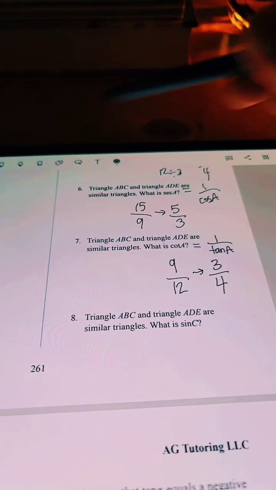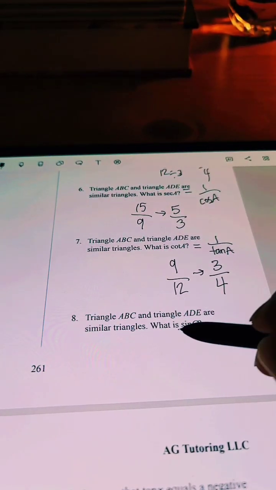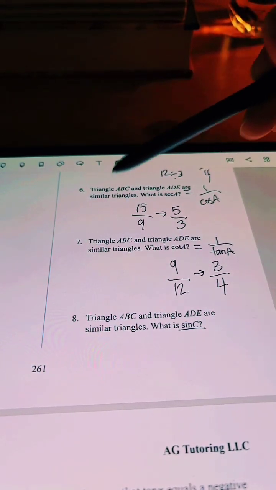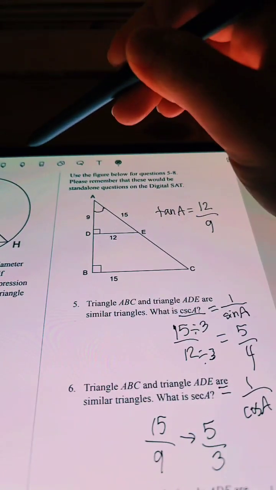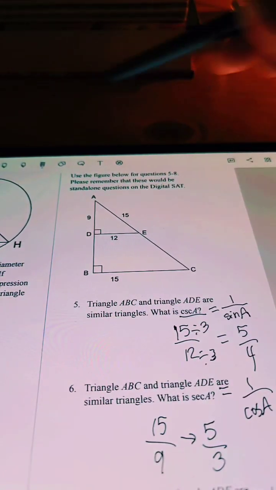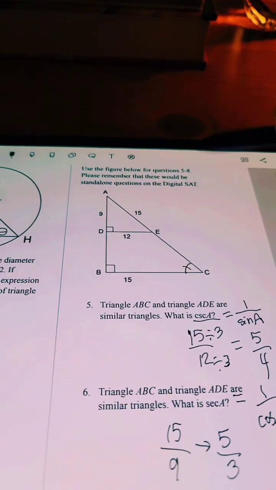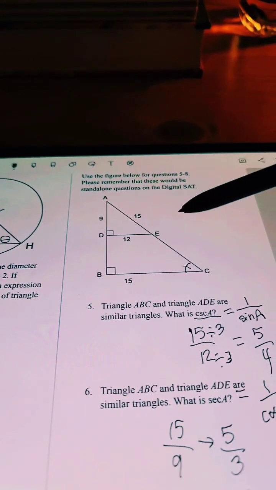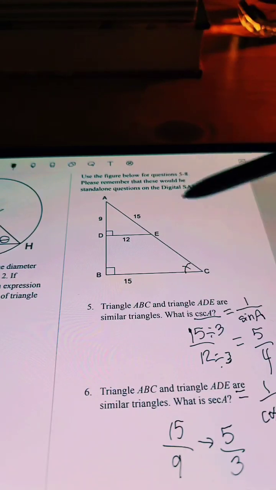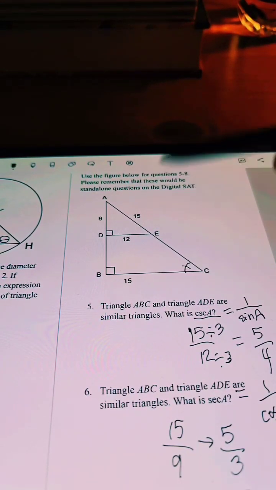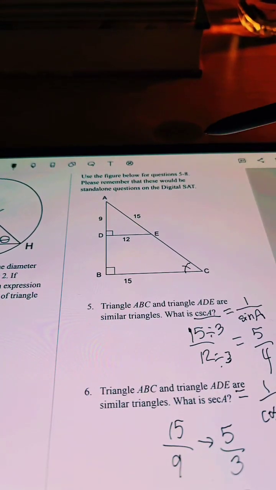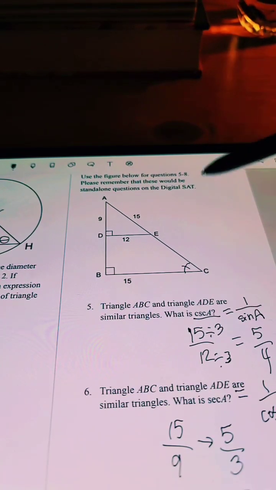And now we have a different reference angle. We're trying to find out what is the sine of C. Let me just erase this really quick. This is our reference angle now, and we want to figure out the sine of C. Remember, sine is the opposite over the hypotenuse, and you'll notice we're missing a lot of information here.